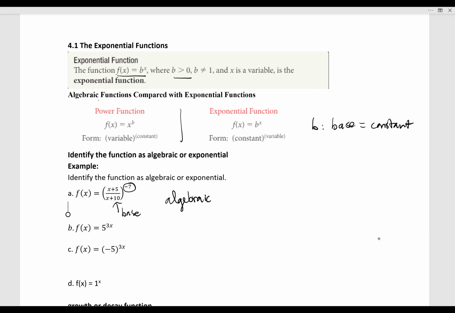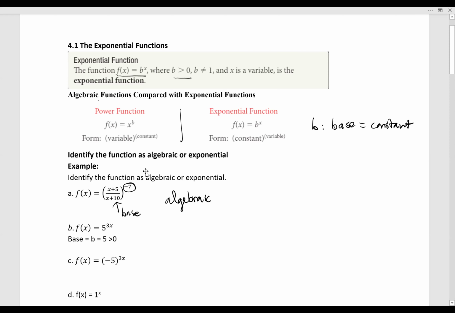Now let's move to B. You see that f(x) = 5^(3x). So the base here, b, is equal to 5, and it's greater than 0 and not equal to 1.